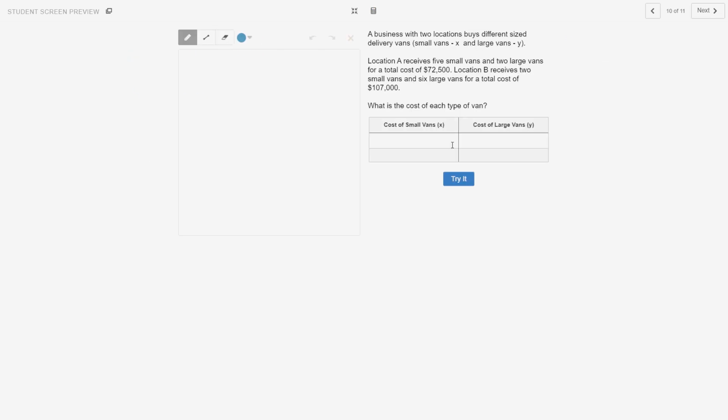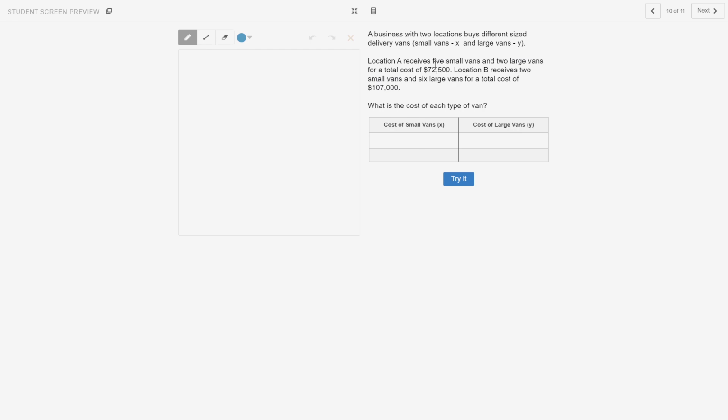All right, a bus. We've got small vans and large vans. So the business is selling 2 different things, and they kind of already defined our variables for us. The cost of a small van is X. The cost of a large van is Y. So on this one, I'm probably just going to do the setup and let you solve it since you can check it.